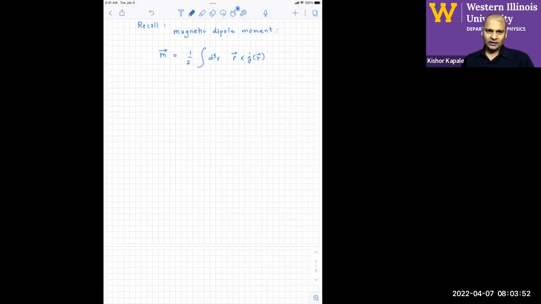and then the corresponding vector potential A of r would be mu0 over 4 pi, m crossed r over r cubed, for r much greater than r prime.